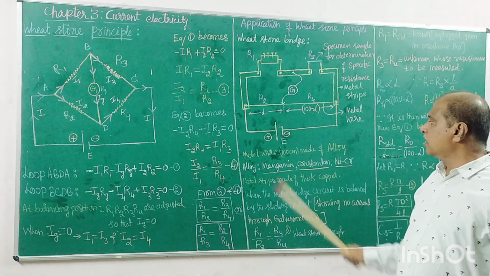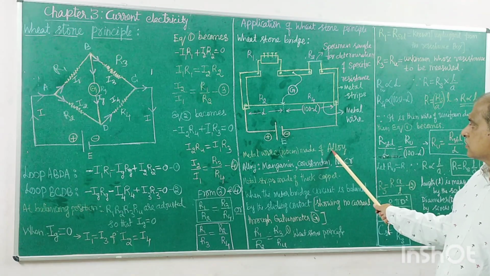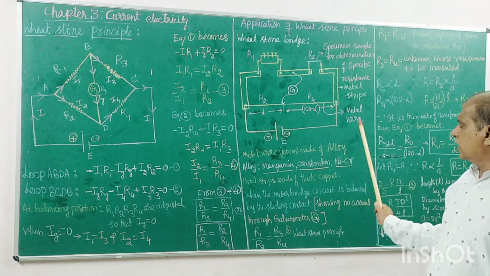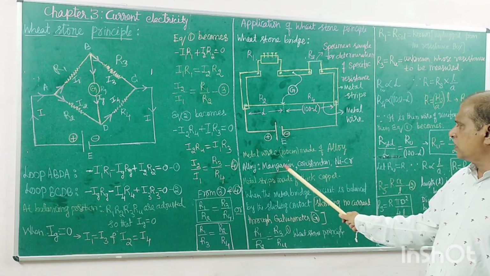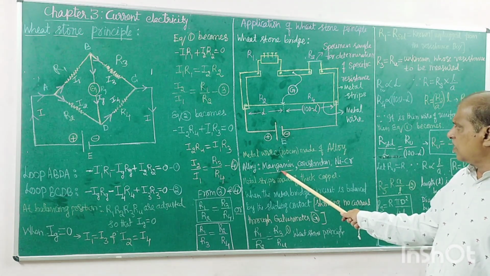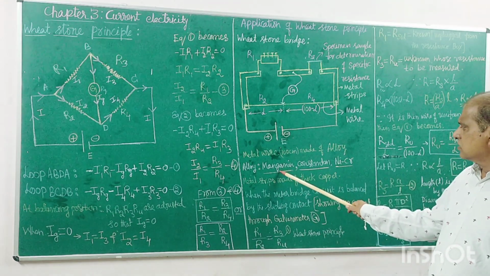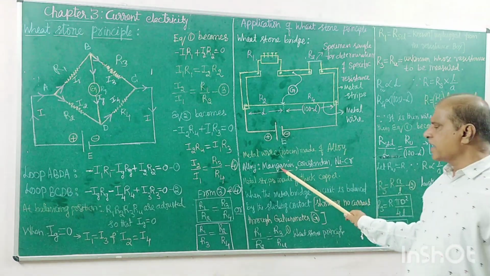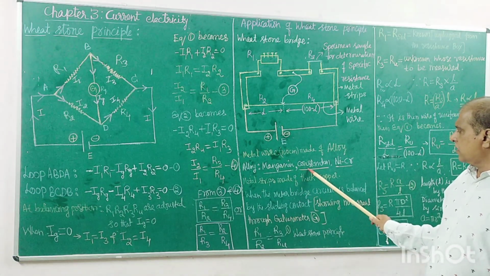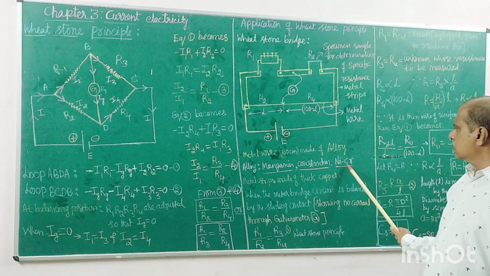For that, we use metallic alloys. So this wire is made of any one of the alloys that have these characteristics. Here one is manganin, and another alloy is constantan, and nickel chrome alloy.